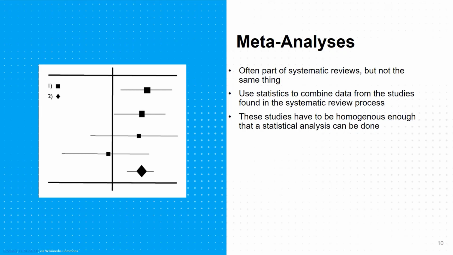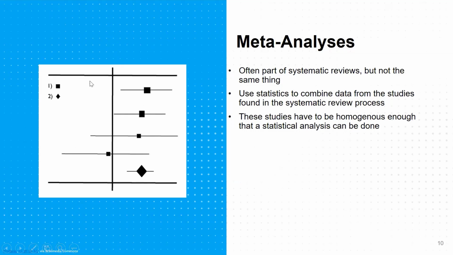And so you just can't have a statistical analysis on things that are completely dissimilar. What do I mean by similar enough? These are things like studies that are measuring the same outcome in the same way, or that the ways of measuring outcomes have to be similar enough for meaningful comparison. There are other ways, but those are some of the bigger ones.